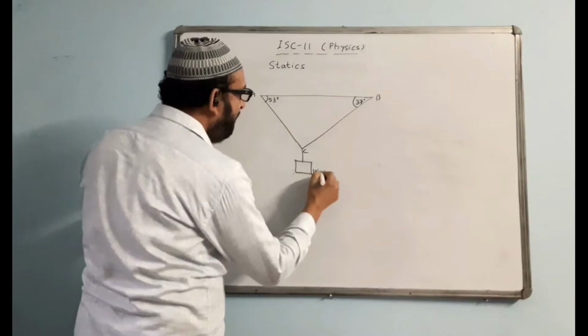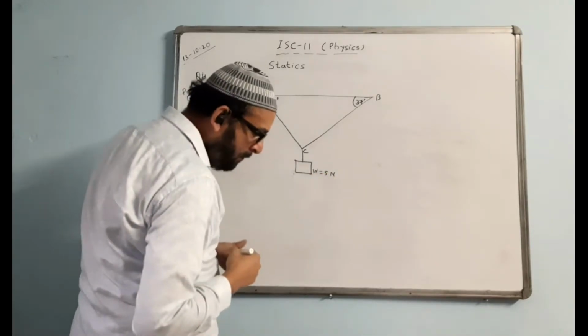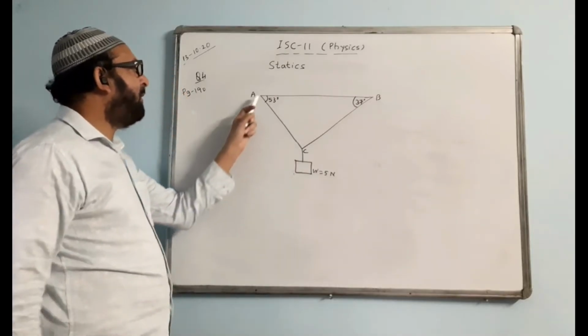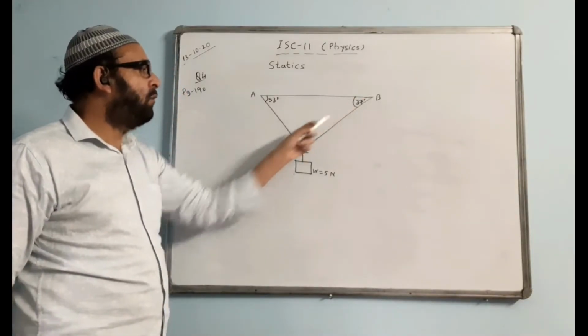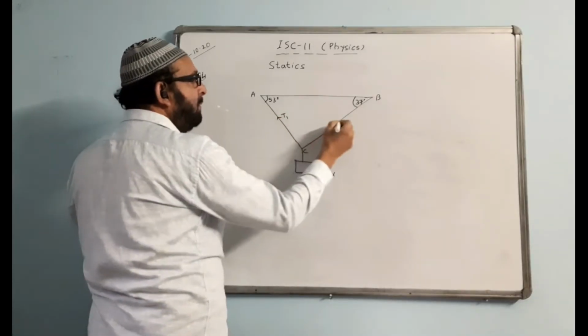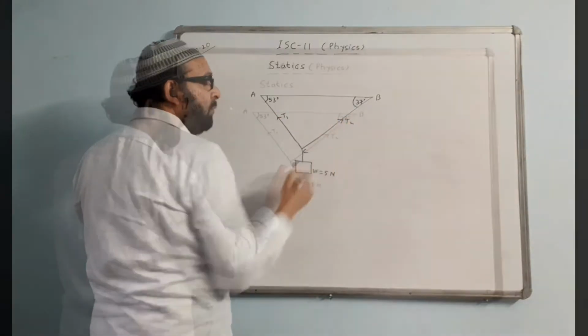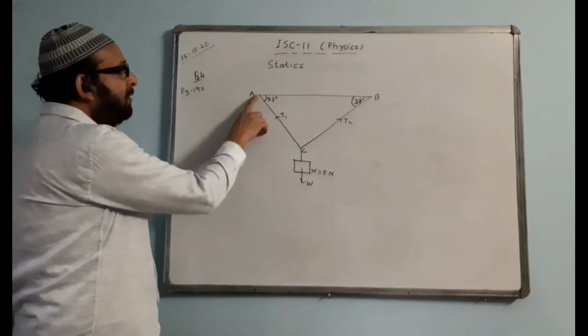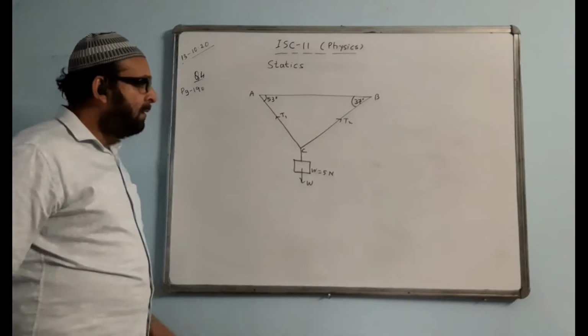W value is given 5 Newton. Find the tension in the rope AC and BC. The tension over here will be acting as T1. Here the tension will be T2. Here is the diagram given. They are asking to find the tension in the rope AC and BC.